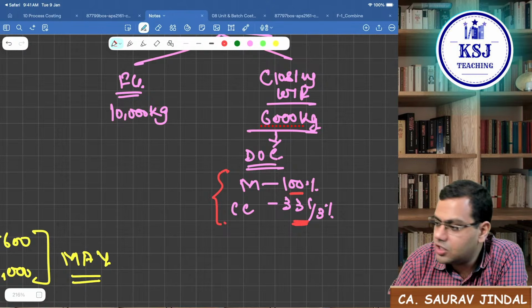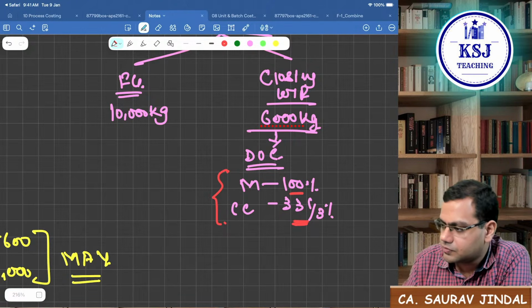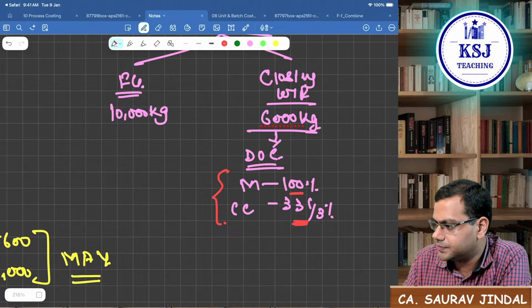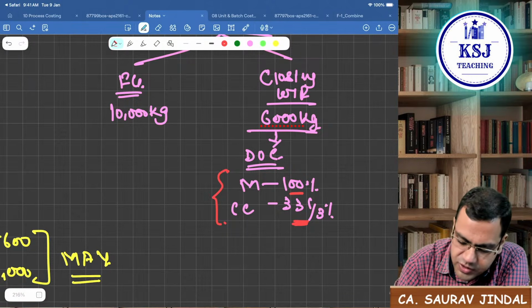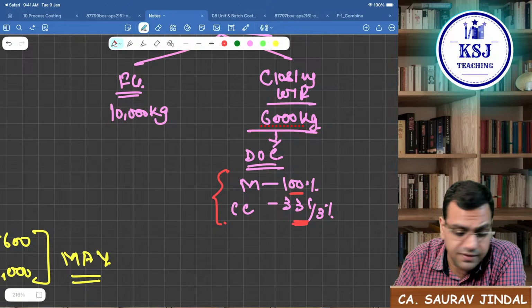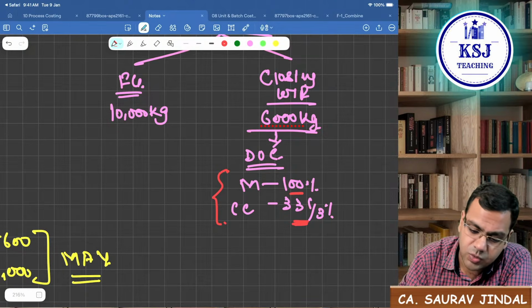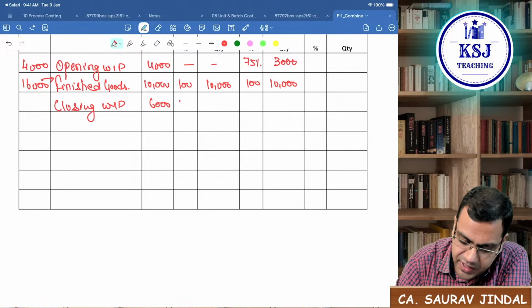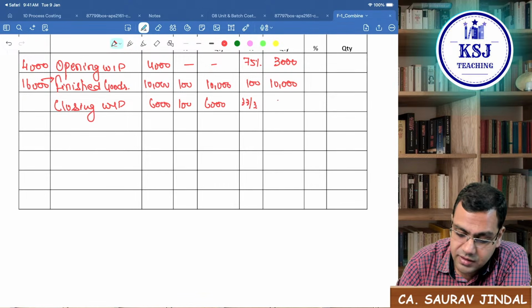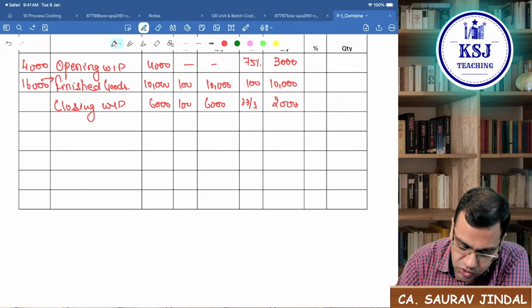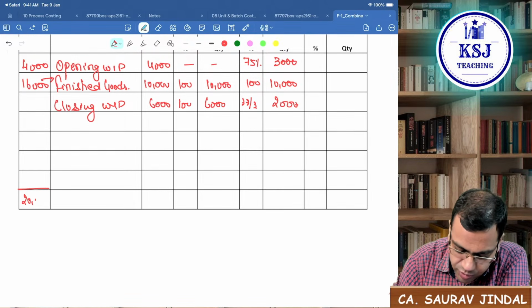So for the closing WIP, the degree of completion is given to you: material 100% and conversion cost 1/3. So I'll take for material 100%, that is 6,000, and for conversion 33 1/3%, that is 1/3, that will be 2,000 units. So this will give you an input of 20,000 and output of 20,000.